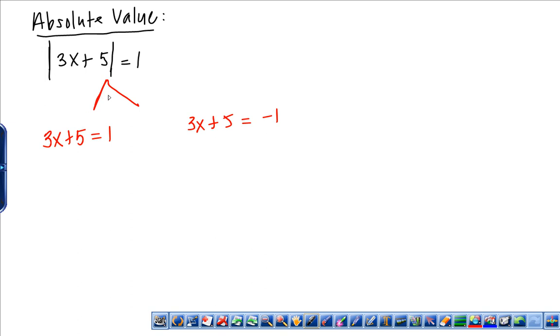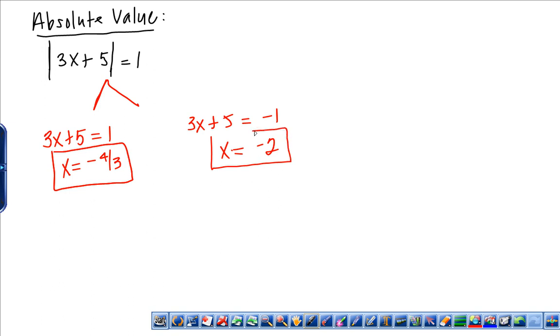So now you just need to solve these. So x is equal to -4/3 here, and over here, x is equal to -2. And again, check for extraneous solutions.